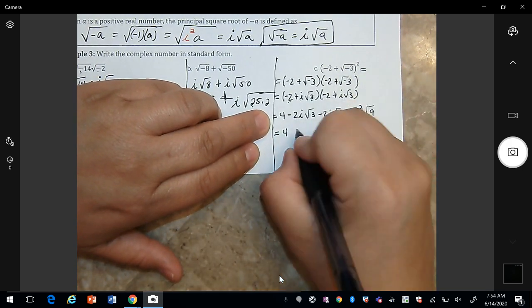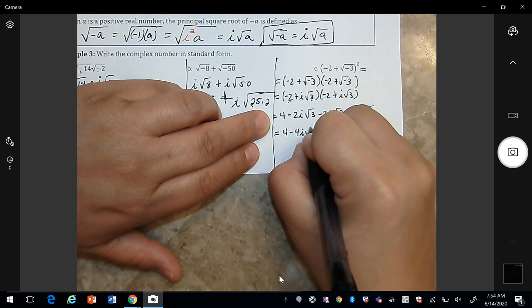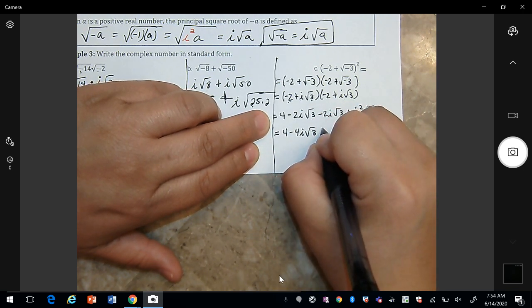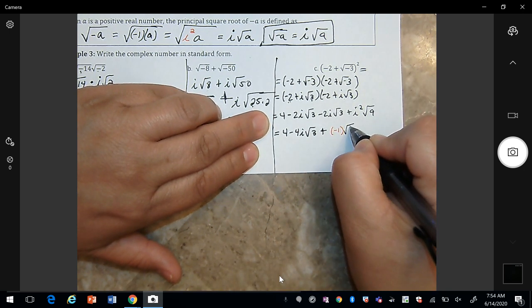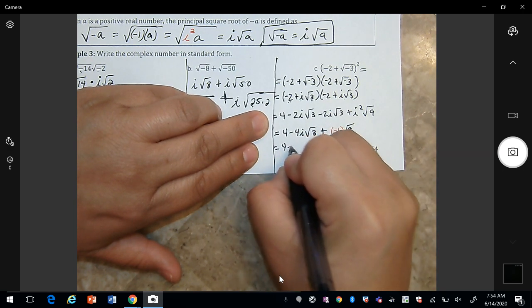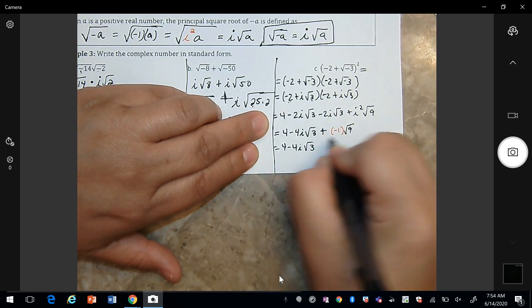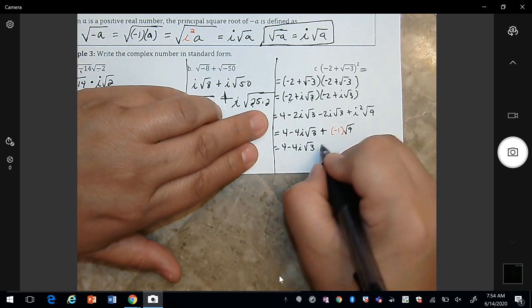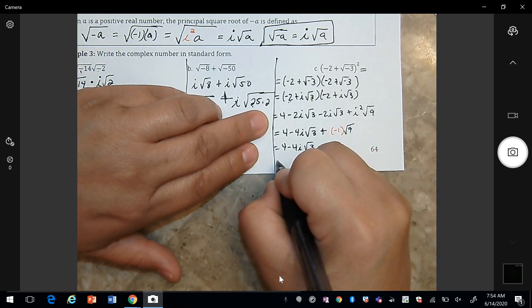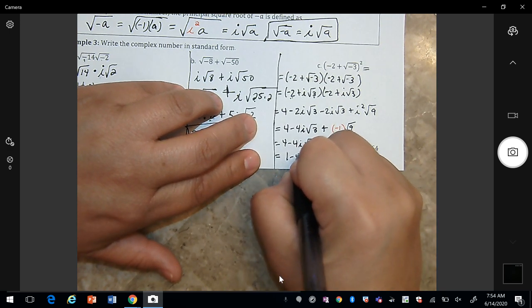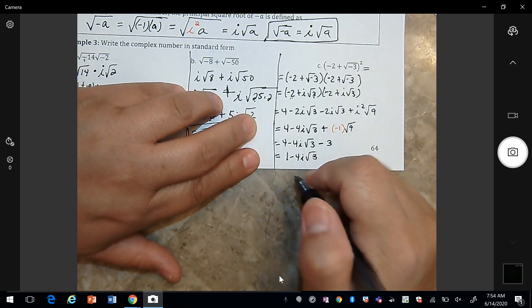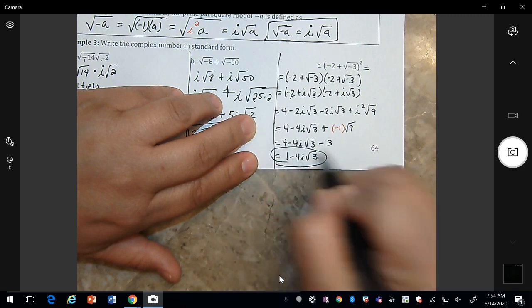Negative 2i minus 2i is negative 4i. Plus, for i squared, I'm going to replace it with negative 1, times square root of 9. Square root of 9 is 3, times negative is negative 3. 4 minus 3 is 1. And so this would be our answer.